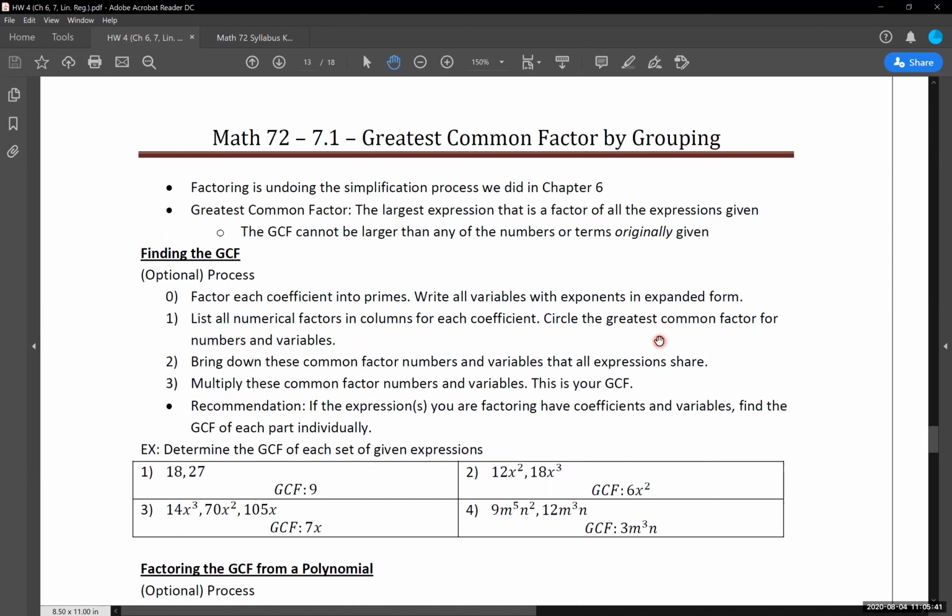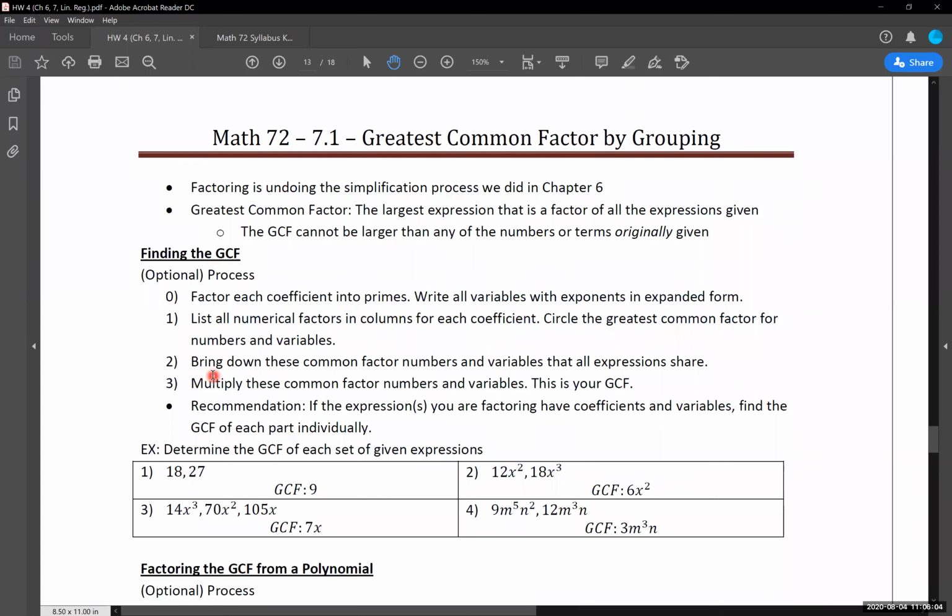We can use the same thinking with our variables. What is the largest degree variable term in this set of expressions that can go into both things I've been given? There's a little bit of a trick to this one, specifically for variables, that I'll show you guys when we get into examples down here.